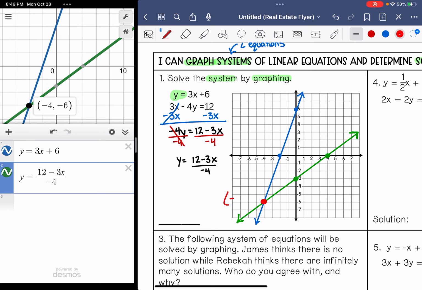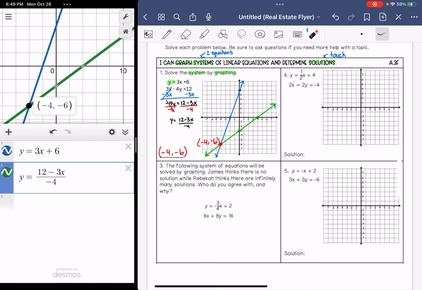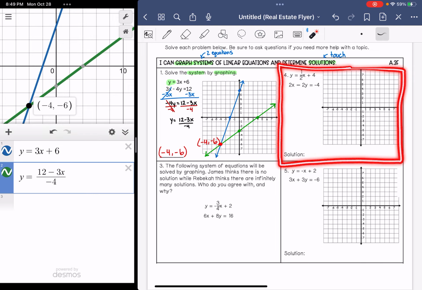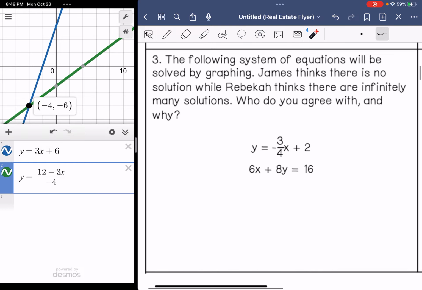So that's my solution, (-4, -6). I'm going to write it right here, (-4, -6). Your question, that's pretty much the same thing, is right here. So that's the one you're doing for the other half of the extra credit. All right, let's keep going.